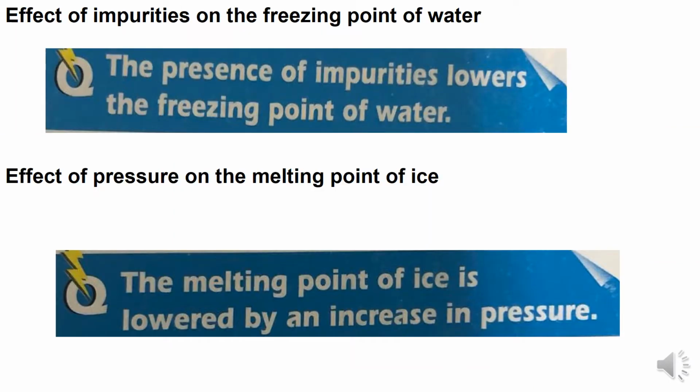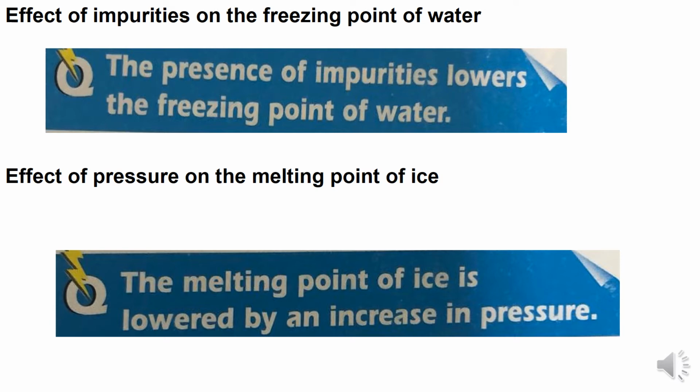Next one is the effect of impurities on the freezing point of water. The presence of impurities always lowers the freezing point of water. During winter in cold countries, the expansion of water on freezing can cause pipes in car cooling systems or homes to burst.